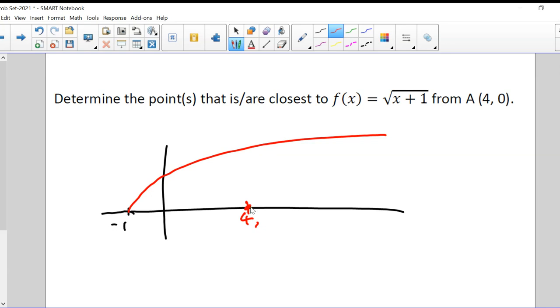In fact, it isn't just putting a line straight up, just so you know. But there is a point along this line which is closest to (4, 0), a point that's exactly on the x-axis. So we're going to try to see if we can figure out where that point is along this function.